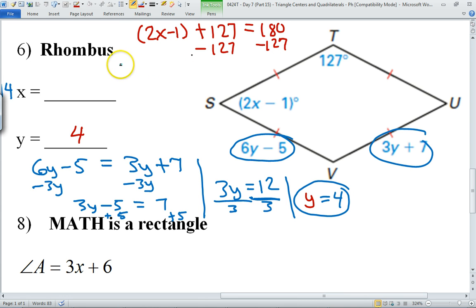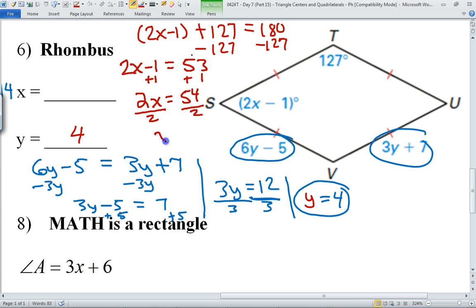So that's going to give me 2x minus 1 equals 53. Once I add 1 to both sides, that gives me 2x equals 54. And when I divide both sides by 2, I get x equals 27. Alright, that's number 6.